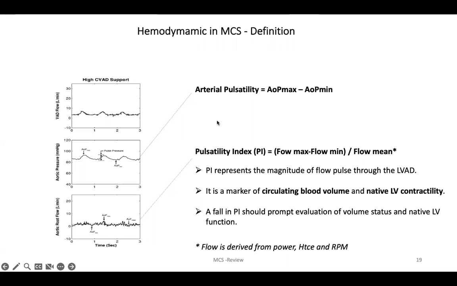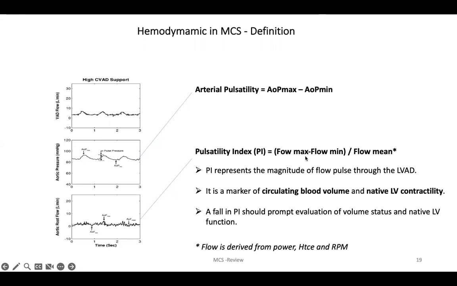You have to understand that arterial pulsatility is totally different from the pulsatility index. The arterial pulsatility, whether pulmonary or systemic, is the difference between the maximum aortic pressure and the minimum aortic pressure. The pulsatility index, again, you can use either the power or the flow.